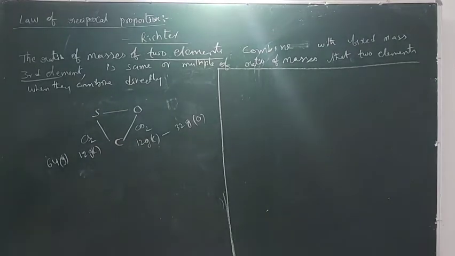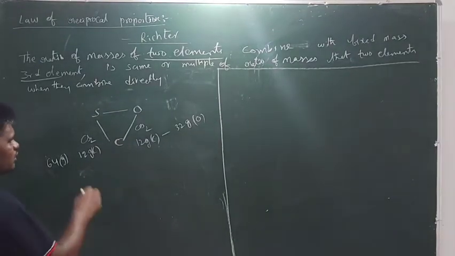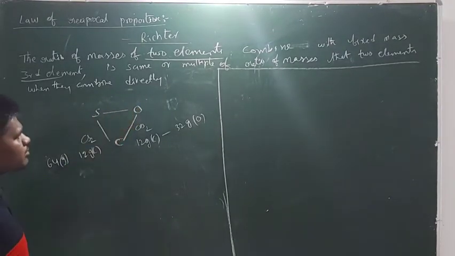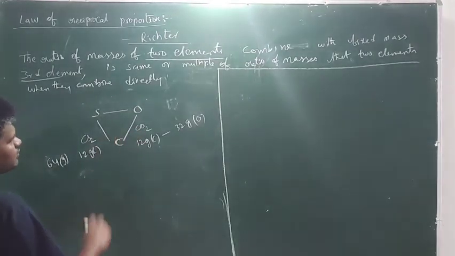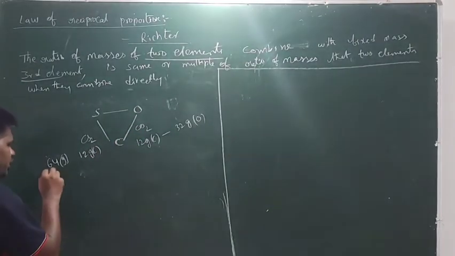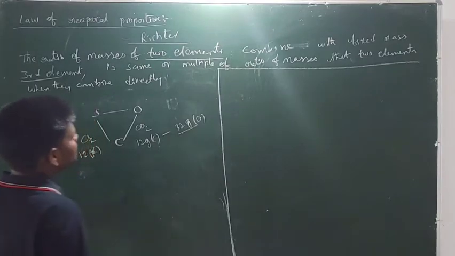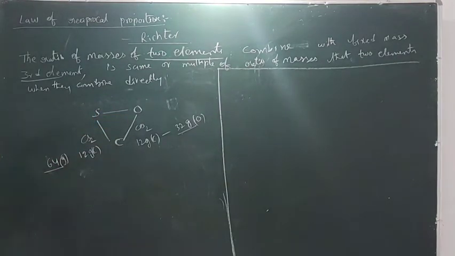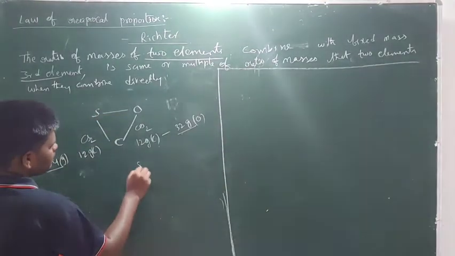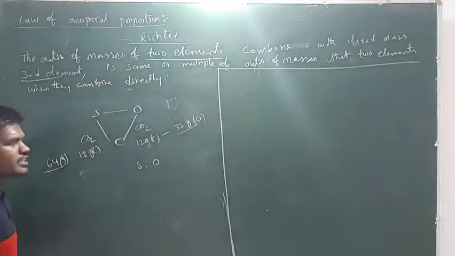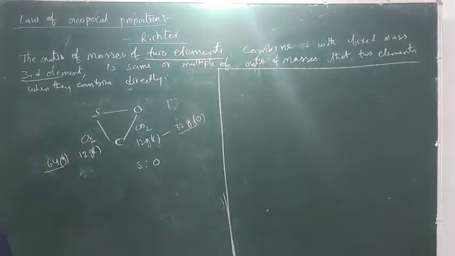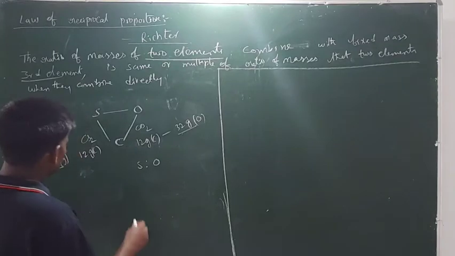that is the third element. So when these two elements with different masses combine with the same mass of the third element, we first need to take the ratio of the masses of the first two elements. So what about the ratio? Let me take the ratio of sulfur mass and oxygen mass combining with the fixed mass of carbon.